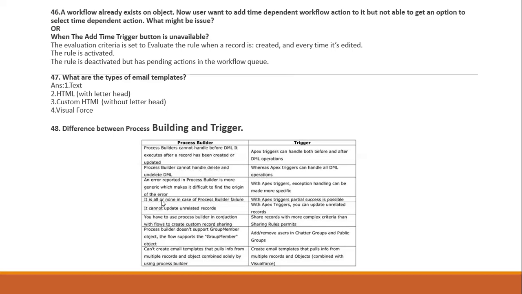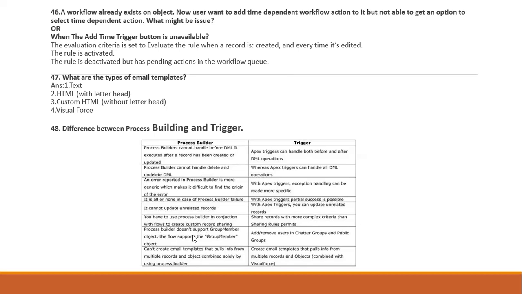It is all or none in case of process builder failures. If it cannot update unrelated records, you have to use process builders in conjunction with flow and create custom record sharing.